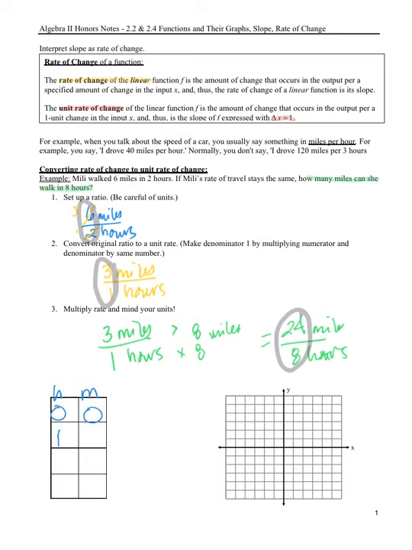We said for 1 hour, we travel 3 miles. For 2 hours, we traveled 6 miles. And I could just continue on, since I have a constant rate of change, adding 3, right? And this would be for 3 hours, 9 miles. We should see that our change of y is 3 and our change of x is 1.